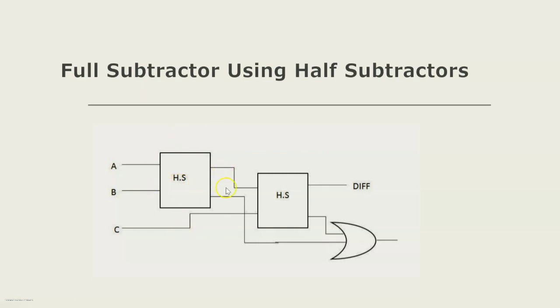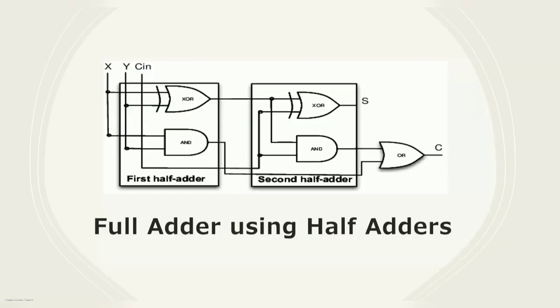So this is the first half subtractor, this is the second half subtractor, and again with an OR gate you can realize a full subtractor, because I've seen a lot of competitive examination questions regarding the same. How can you realize a full subtractor using half subtractors? How many half subtractors you require, and what is the combination of the elements you require to realize a full subtractor? So you have to pick two half subtractors and an OR gate. Okay. So likewise for full adder also you can realize it using half adders.